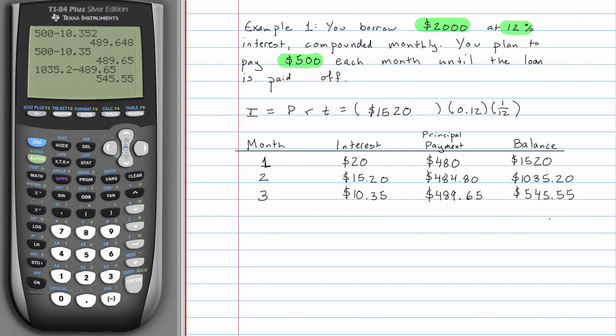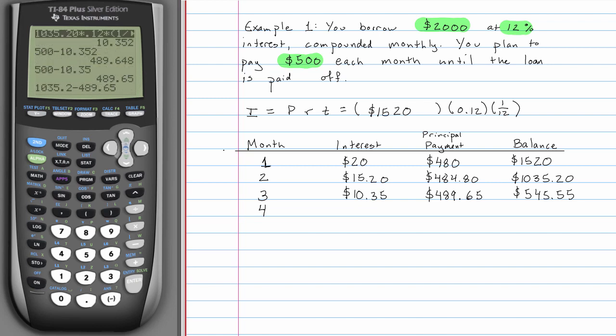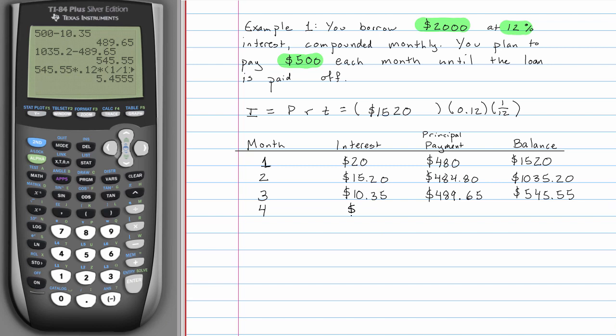I'm almost paid off, right, if I'm paying $500 every month. In the fourth month, I only pay interest on this $545.55. So I owe, let's see, $5.46 of interest, rounding to the nearest cent.